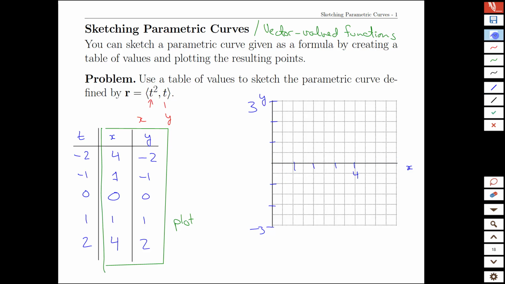There we are. So at time -2, but we're not going to show that, we're going to be at the point 4 for x, -2 for y down here. And then at the next time point, we'll be at 1, -1. That's here. Sorry, it's +1 for x, -1 for y. And then 0, 0, 1, 1, and then 4, 2.